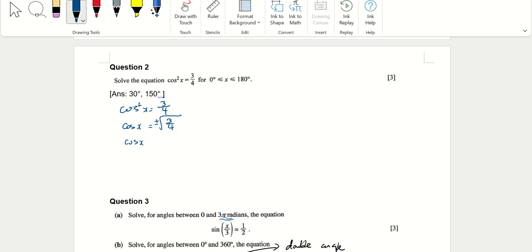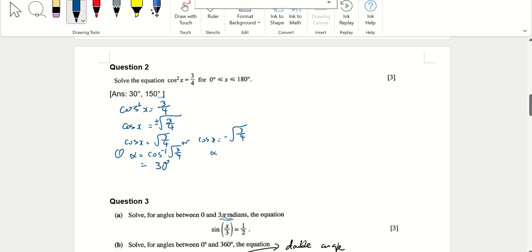So that means my cosine x equals a positive square root of 3/4 or a negative square root of 3/4. So what is my alpha here? Cosine inverse gives 30 degrees.